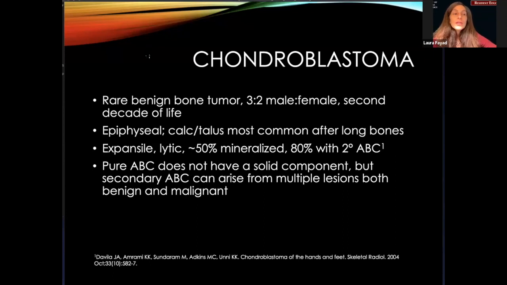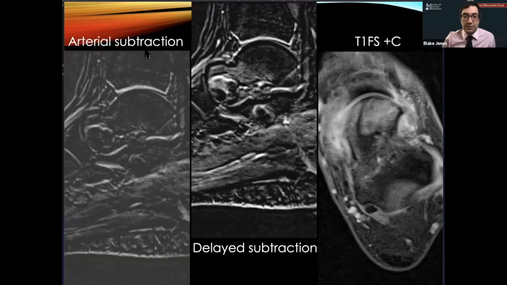Okay, another question is, does the presence of enhancement clue you into secondary ABC? Yeah, ABC itself, like I said, shouldn't have anything that looks like a solid enhancement. Let me flip back just so you can see. You see this little wedge of stuff that's filling in on the delayed.